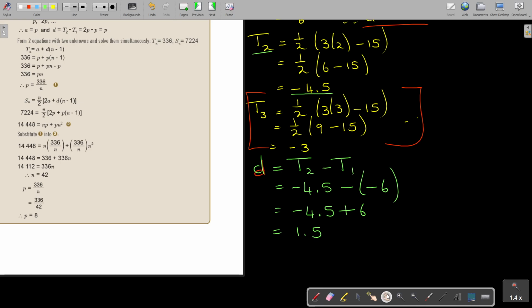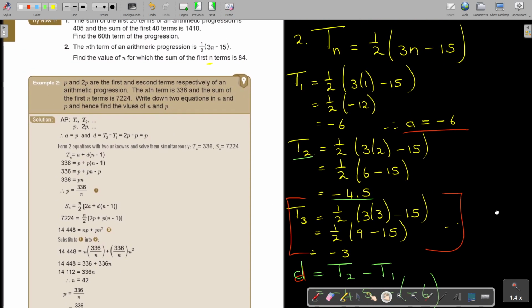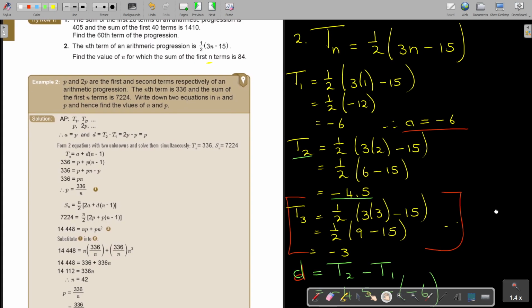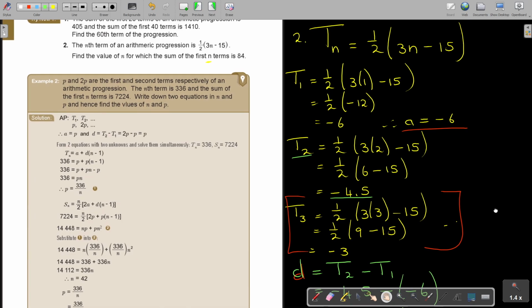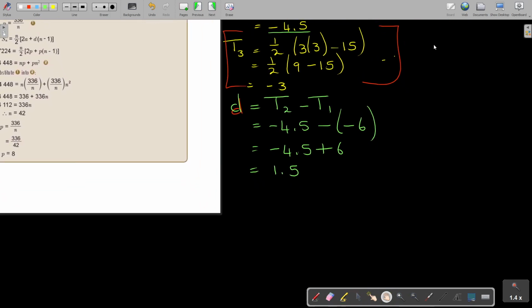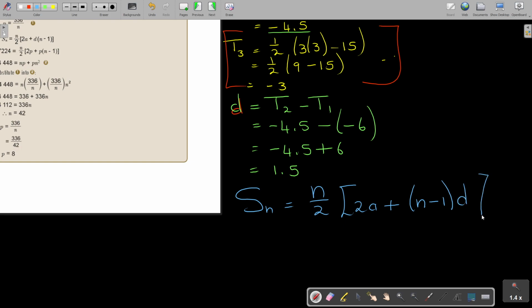Now let's just go back to the sum. I have now A, and I must find the value of n for which the sum of the first n terms is 84. Okay, so now they talk about sum. So don't forget, sum is n over 2 (2A plus (n minus 1) D). They say that the sum, they must find n, and they tell me the sum.